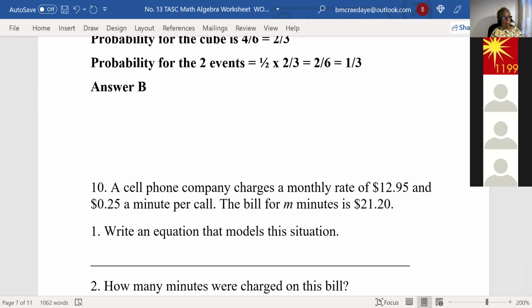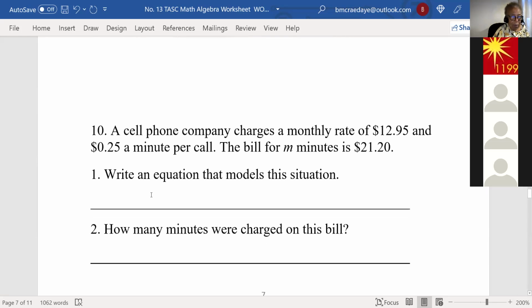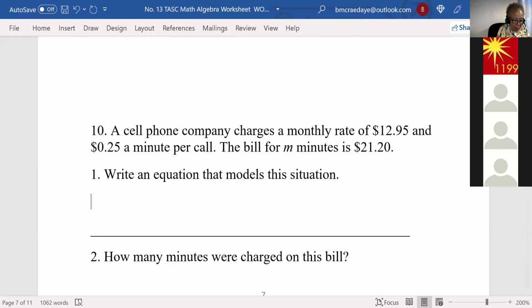So we have 10. Let me answer a question. When you say here, write an equation that models the situation, when I first do it, I multiply the 1295 by 0.525, right? But this one is a y equals mx plus b problem. Oh, I see.